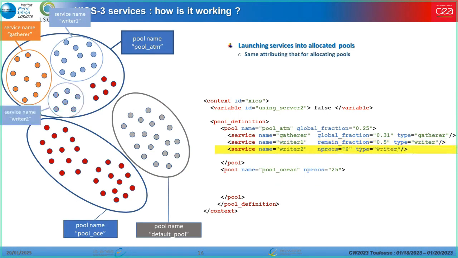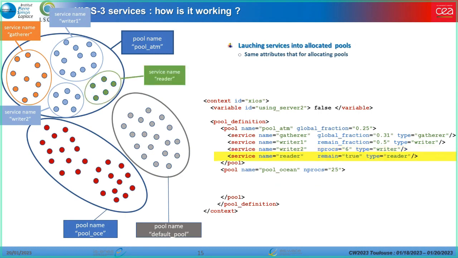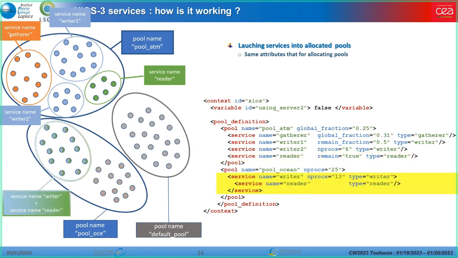We create a second writer, writer2, on 6 procs, and on the remaining servers in the pool, we create a service reader. On the pool ocean, I will create a writer on 30 procs, and on the same resources we create a reader, and so the services totally overlap, and if you want, you can overlap many more services if necessary.